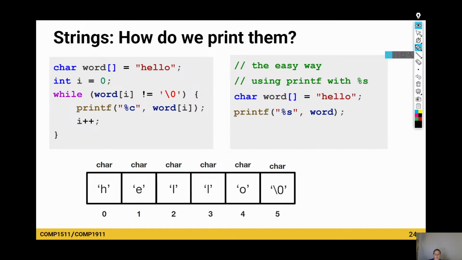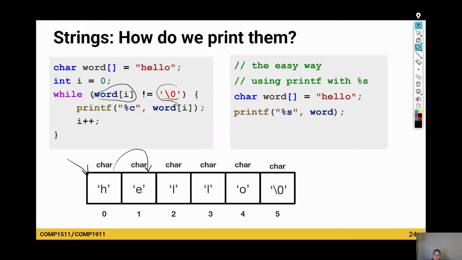Usually if I've got an array of integers, I'll do a loop pretty similar to this, but I will stop when it reaches the size. Like I'll say while i is less than size. Here we don't have a size. So we start at i equal to 0, and we check in this string at index 0, what have we got stored here? Here it's an H. H is not equal to this, so we keep going through the loop and move to the next one.